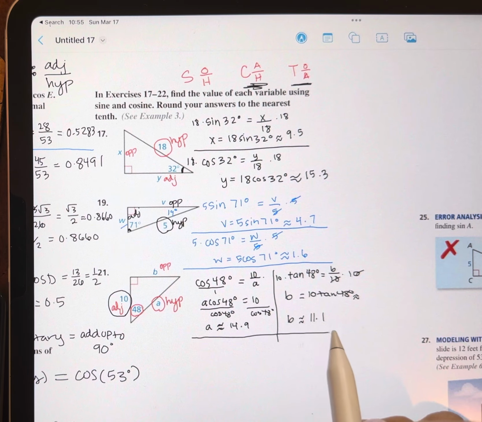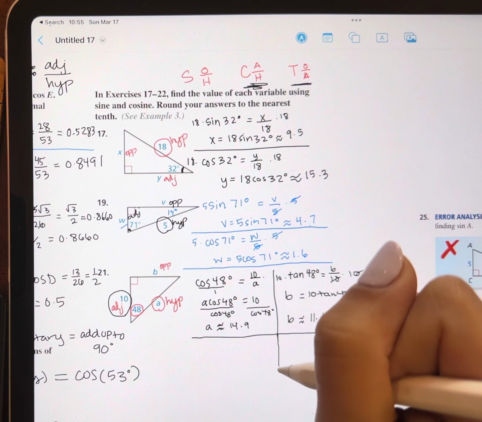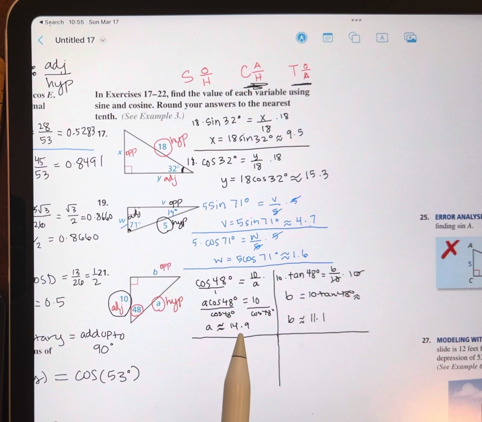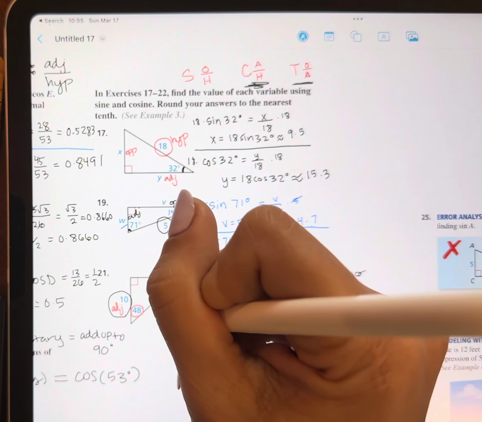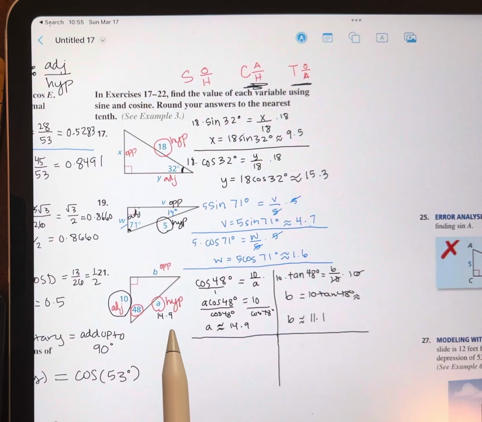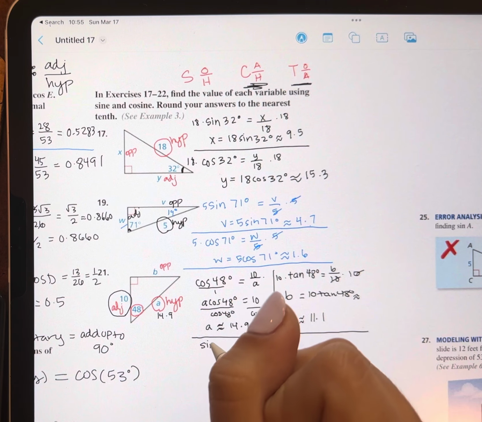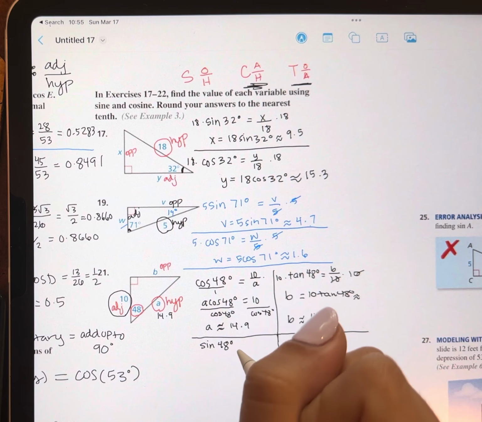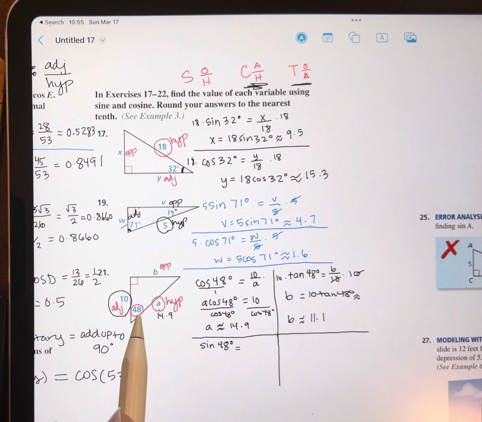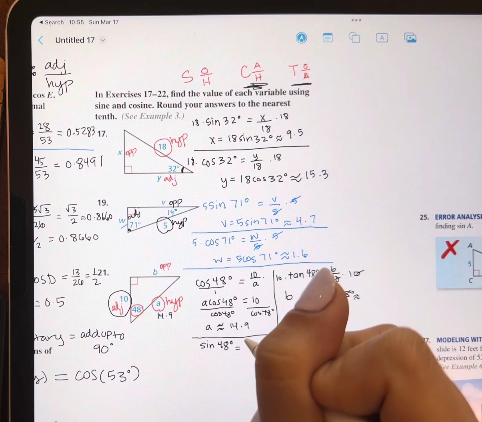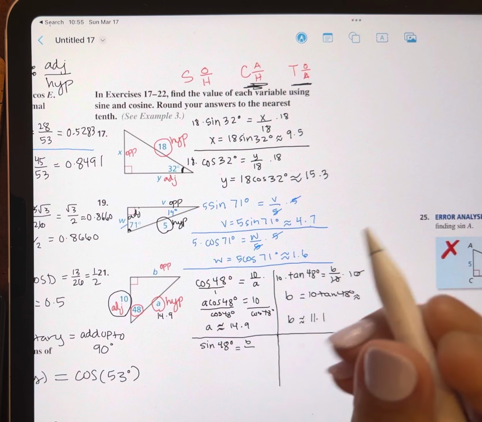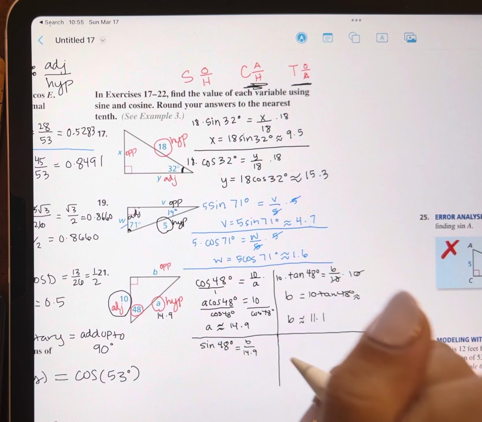But I think what this problem wanted you to do is that after you found A to be 14.9, you could now do sine, opposite, and hypotenuse to get B this way. So we could do sine of 48, always an angle. Sine of 48 equals opposite, which I don't know, so b, over hypotenuse, which is 14.9.